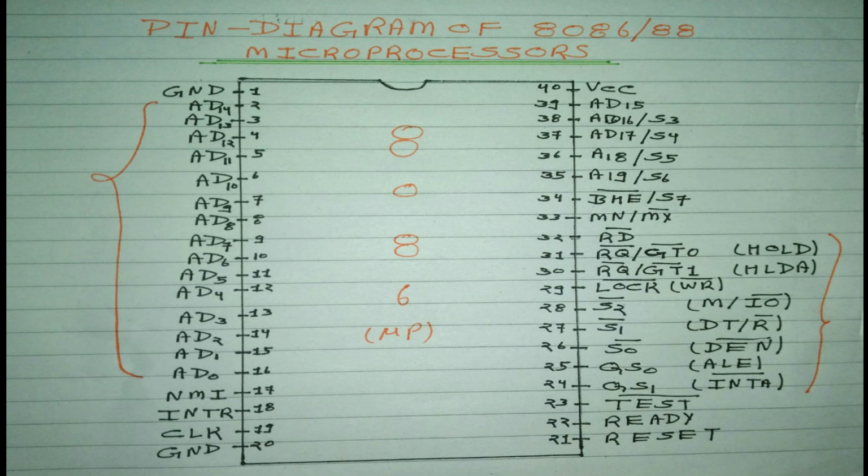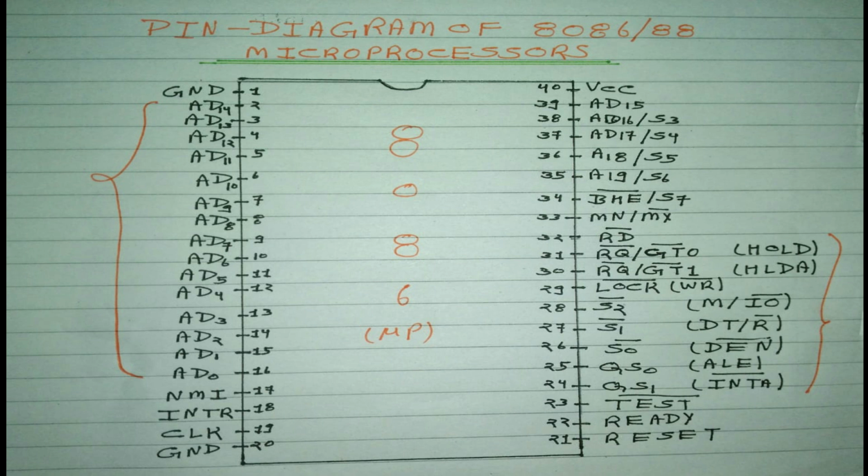The status bit S6 always remains 0, and bit S5 indicates the condition of the interrupt flag bit, and S4 and S3 show which segment is accessed during the current bus cycle.